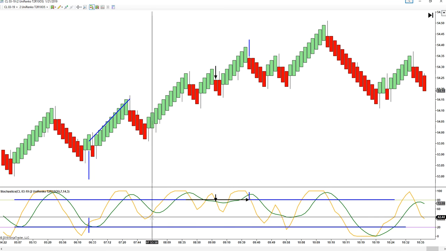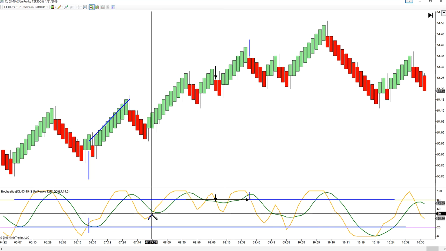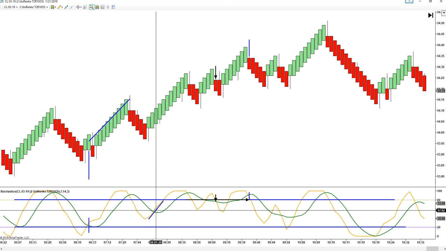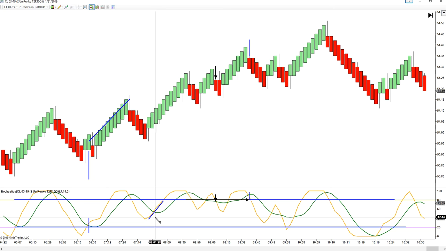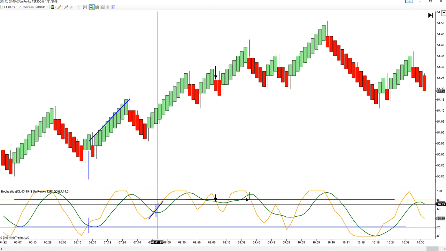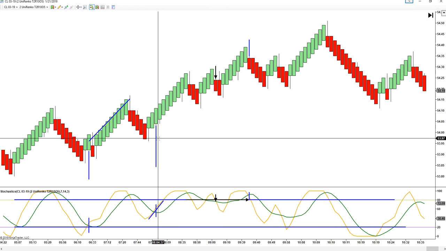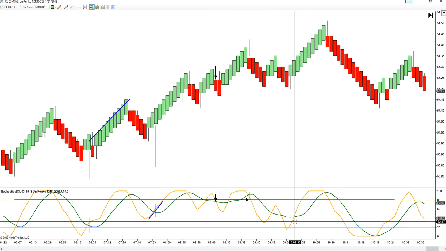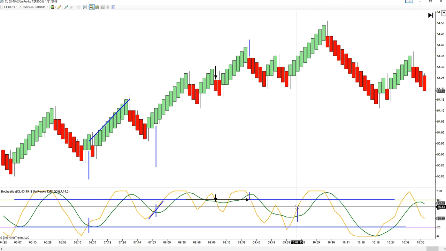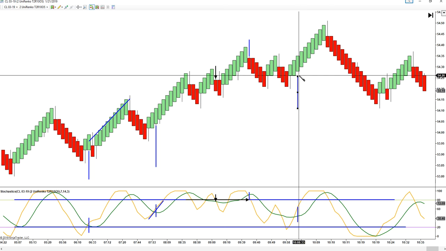Now, if you just look at the crosses of the stochastic line with the signal line, you'll see that the confirmation comes very late here. If you look right here, it really doesn't print and confirm till right here.